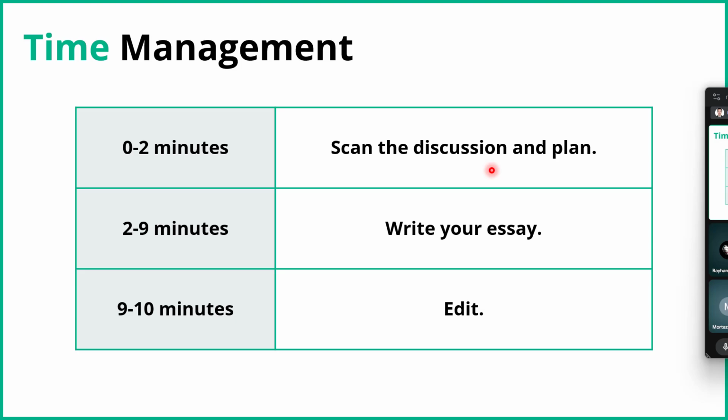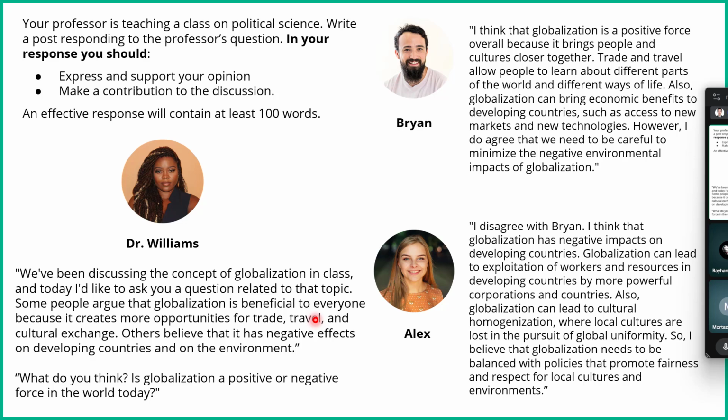So suppose you are doing two things at the same time. You are thinking about it and scanning the whole discussion. Then between 2 to 9 minutes, we have to write our essay, and the last 2 minutes would be for editing and reviewing. So this is the time management going ahead.